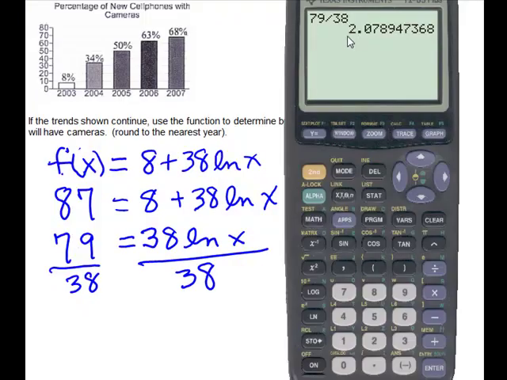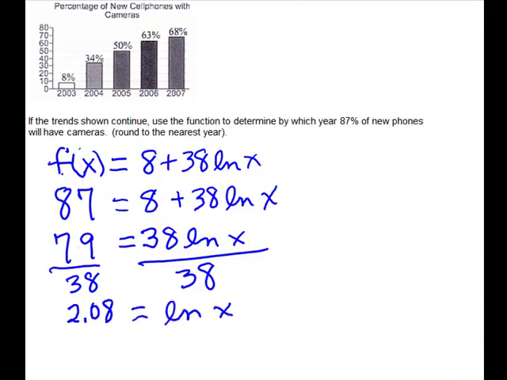Which from our calculator gives us 2.07894. And I went ahead and just rounded that to 2 decimal places. So I'm going to use 2.08 equals the natural log of x. And then I only have a log on one side of the equation.